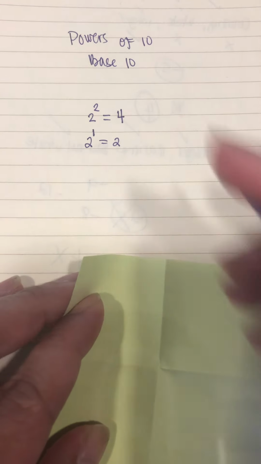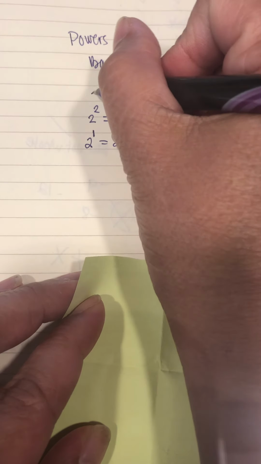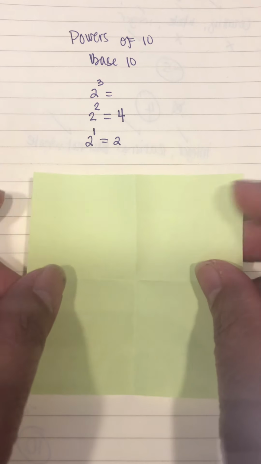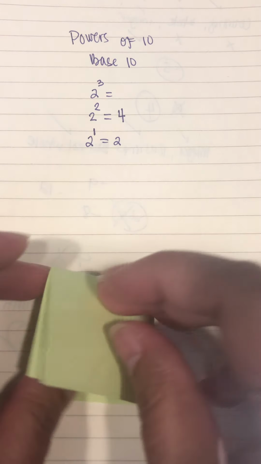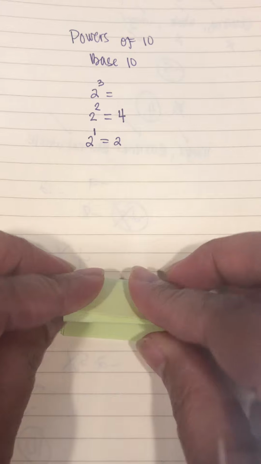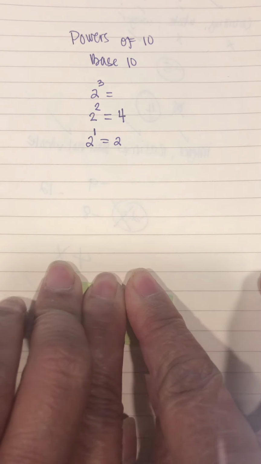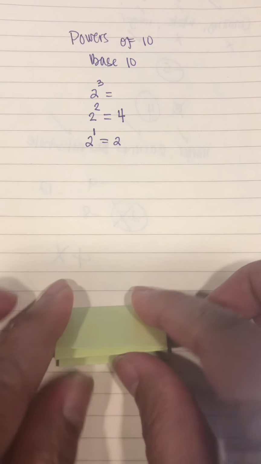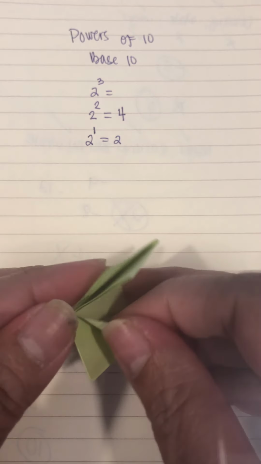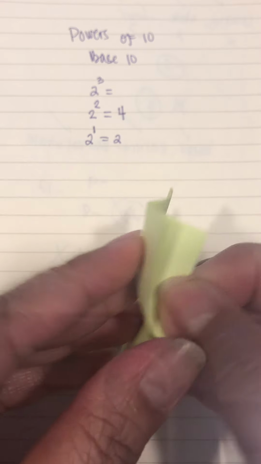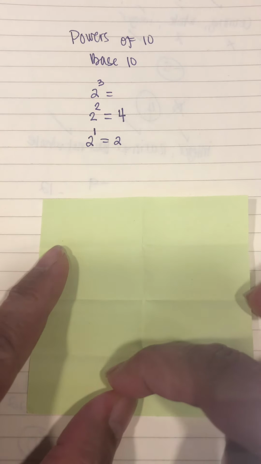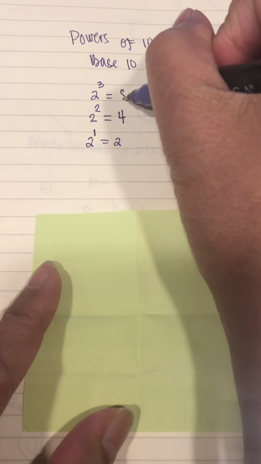Now if I'm going to have 3 folds, so 2 to the power of 3, that means I'm going to fold it 3 times. So 1, 2, 3. So how many sections do you think we will get here? All right, so let's count. So now we have 1, 2, 3, 4, 5, 6, 7, 8. So 2 to the power of 3 is 8.